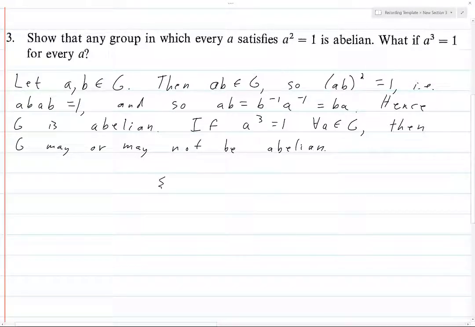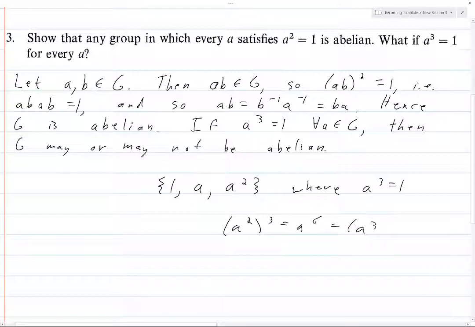Just consider the group that's just 1, A, and A squared, where A cubed equals 1. It's easy to see that this is a group, and then what happens if you cube every element? 1 cubed is 1, A cubed is 1 by definition, then A squared cubed is A to the 6, which is equal to A cubed squared, which is just 1 squared equals 1.